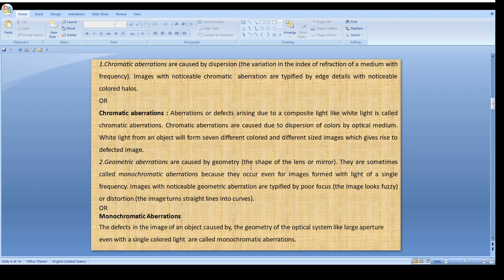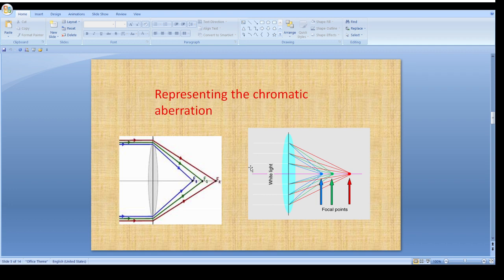The image turns straight lines into curves. Monochromatic aberrations are the defects in the image of an object caused by the geometry of the optical system, like a large aperture, even with a single colored light.